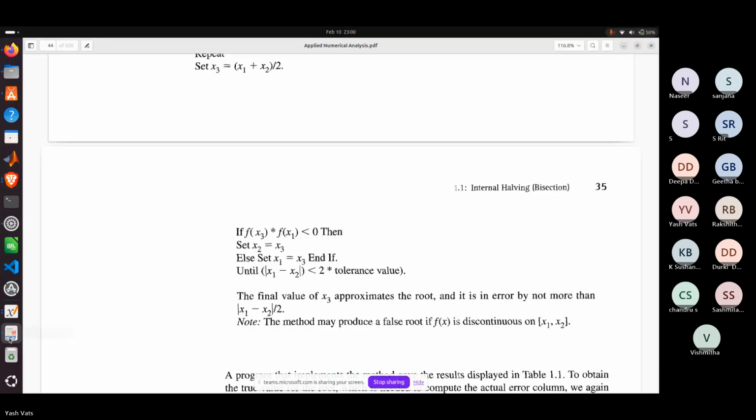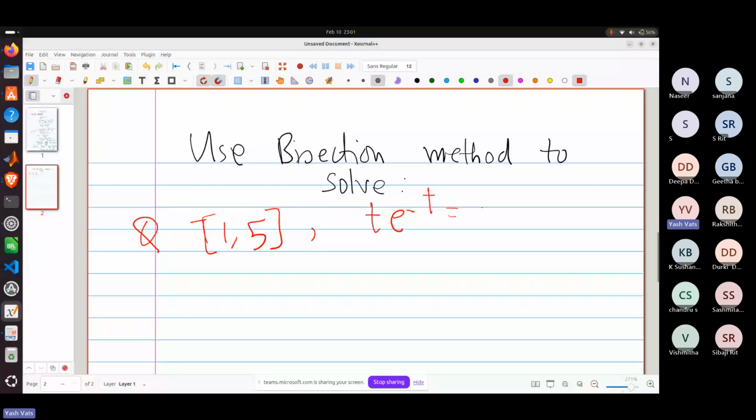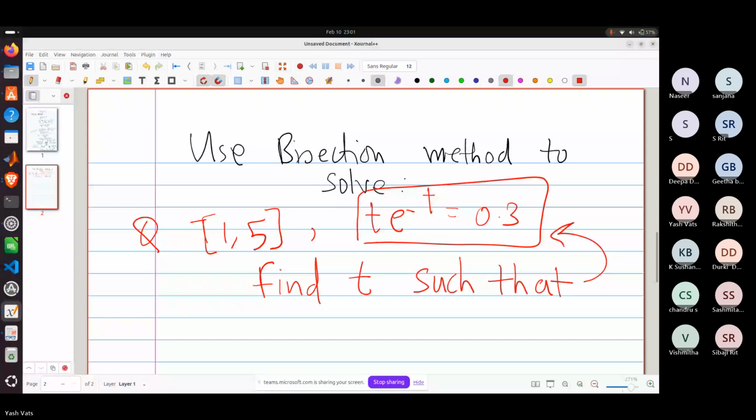Sorry, the question is this. You have an initial bracket of 1, 5, and you have an equation t e to the power minus t equals 0.3. So find t such that this happens, using the bisection method.